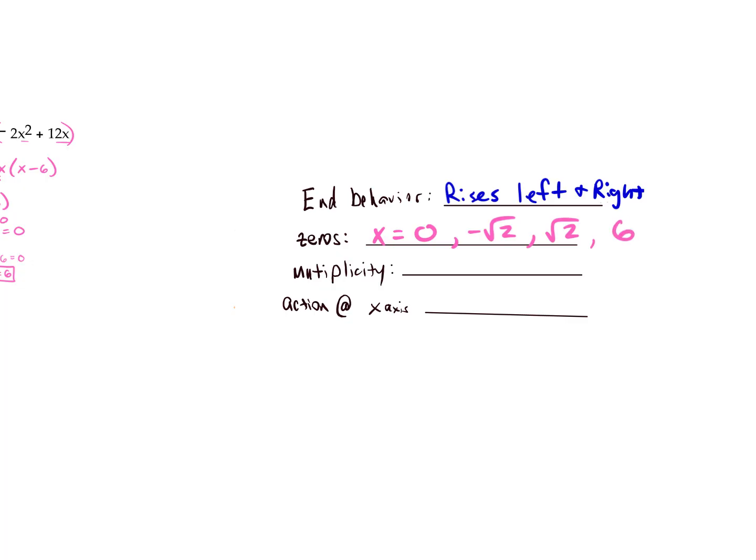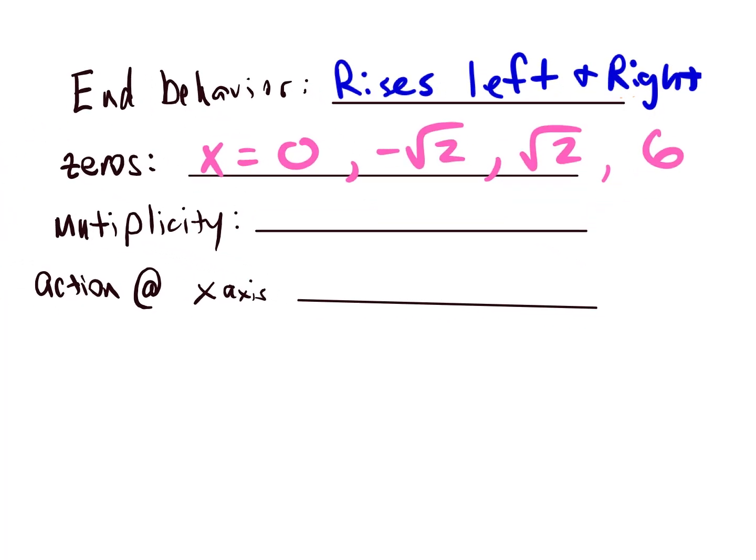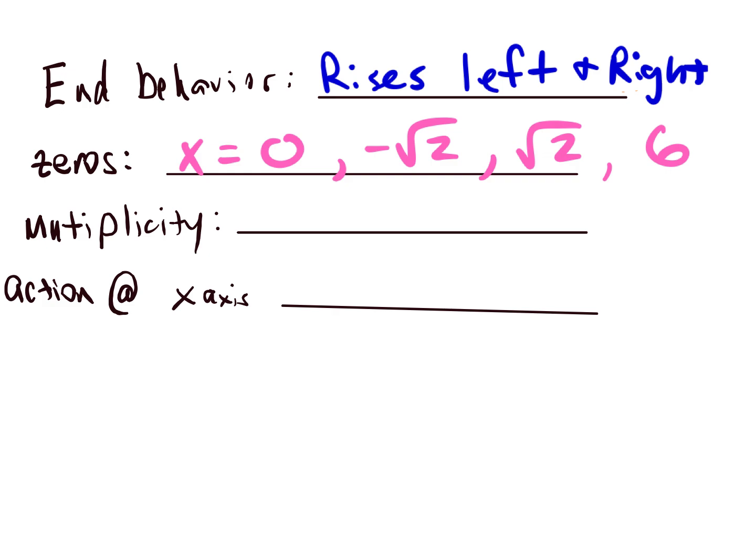Do we have any multiplicity? No. You could either say no multiplicity or multiplicity of 1, because we just have 1 of each answer. So at every single value here, we just have a multiplicity of 1. Now when our multiplicity is odd, what's our action at the x-axis? It's going to go through or it's going to cross.